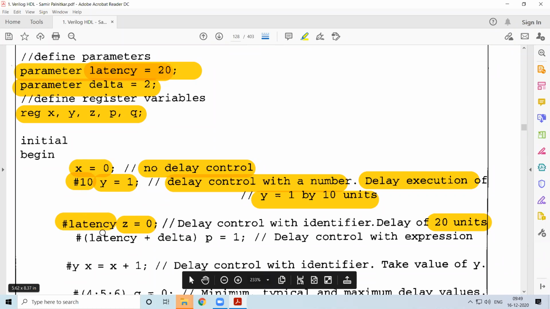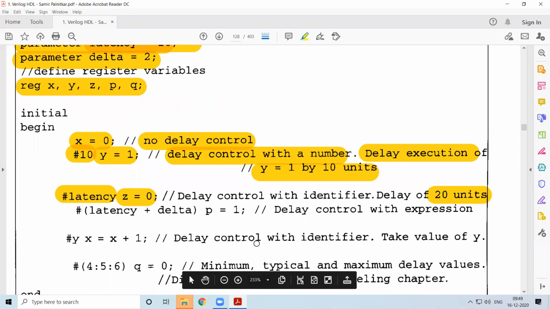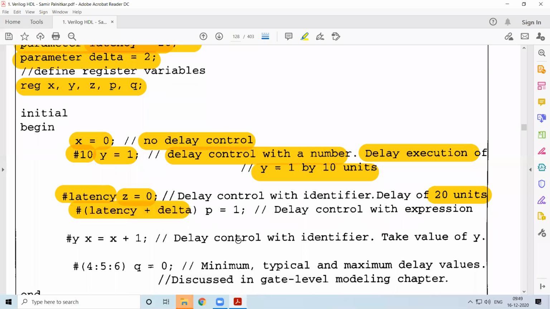This statement Z is equal to 0 is encountered at some point. From that time point, a delay of latency is introduced, and after that, the assignment happens. Now here you can see that we have hash latency plus delta.